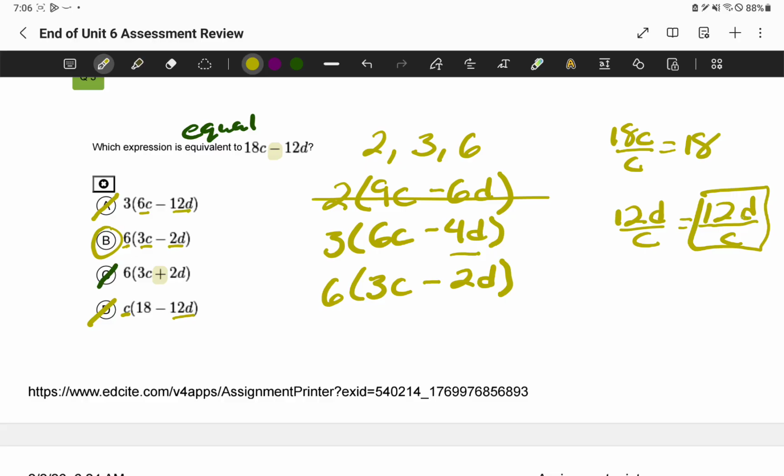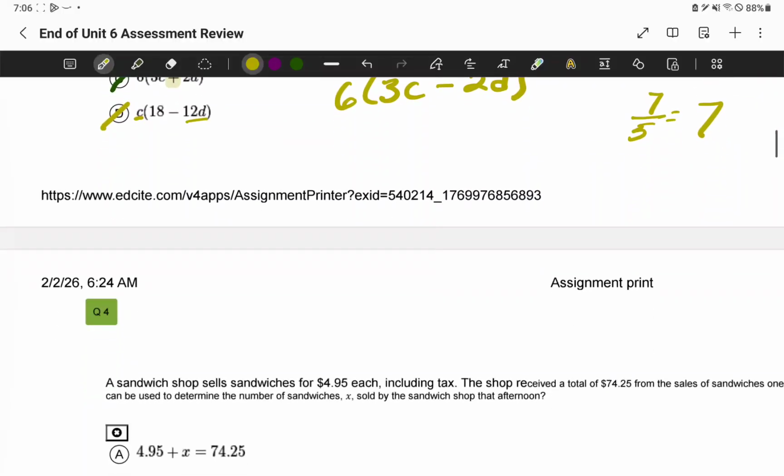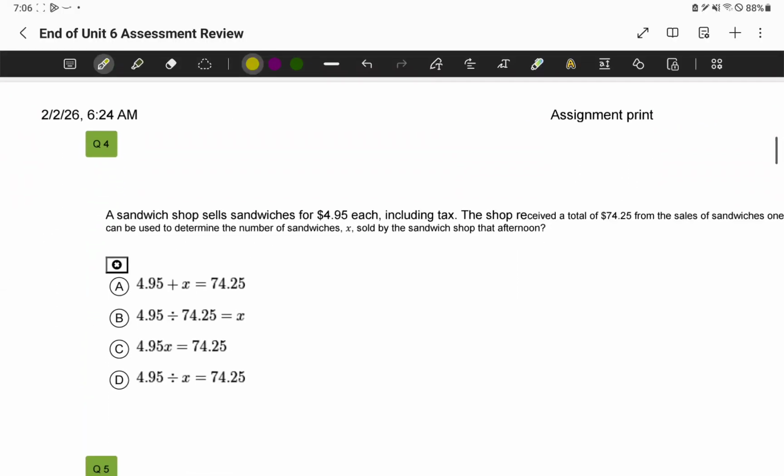I can't take a C out of something that doesn't have a C in it. It's like saying, I'm going to do 7 divided by 5 and get 7. It just doesn't work. Okay, it's wrong. We can't do it. Okay.